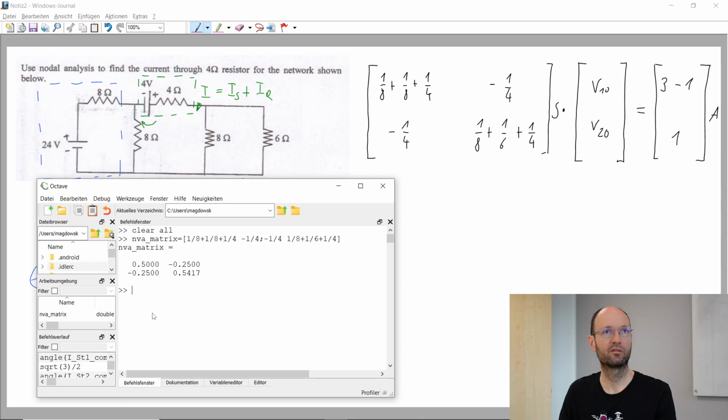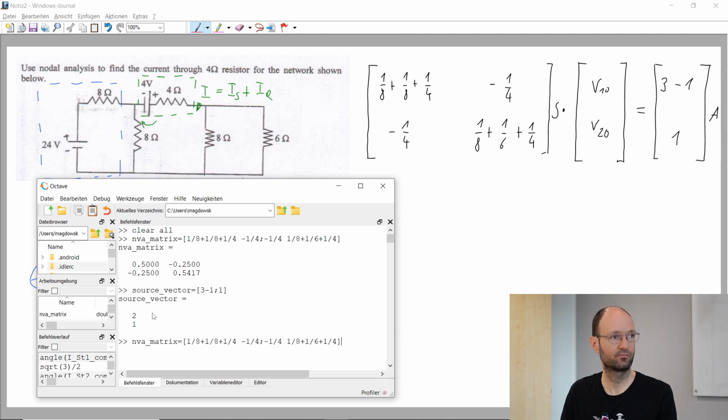That's the matrix. In the source vector, we have 3 minus 1 and 1, which is 2 and 1 at the end.